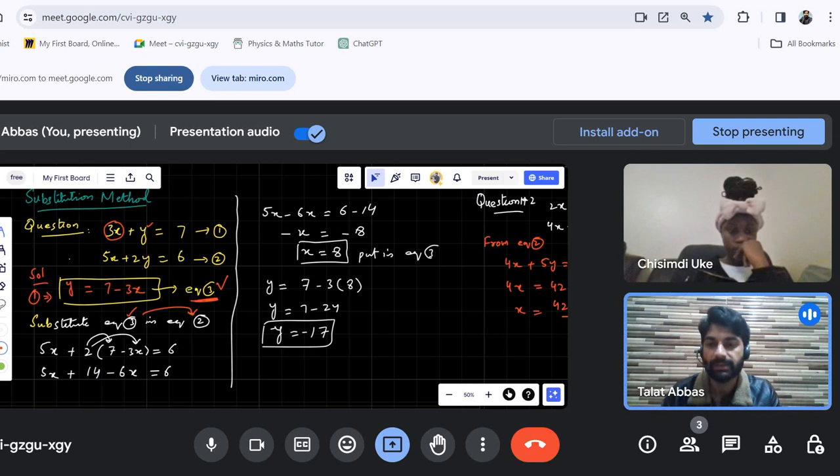Okay, the reason is when you are finding a variable or making a subject of the formula from any of the equations, let's say you are making the subject of the formula from the first equation, then you cannot use the value in the same equation. If we use the value in the same equation, we will get 0.